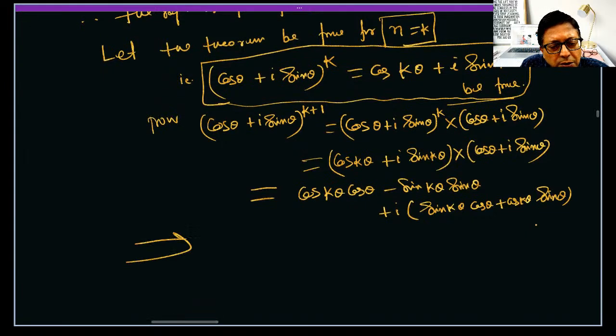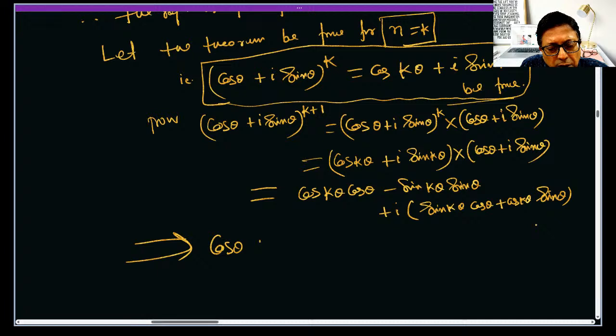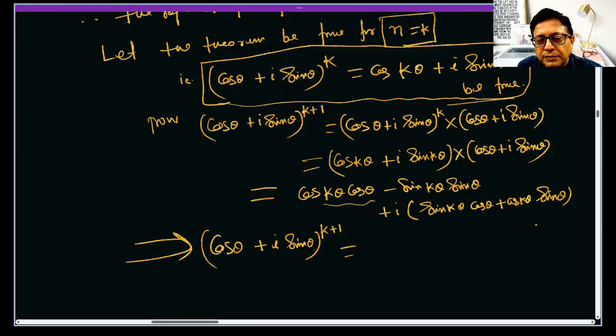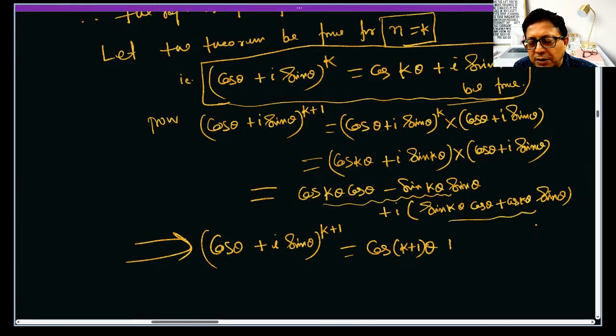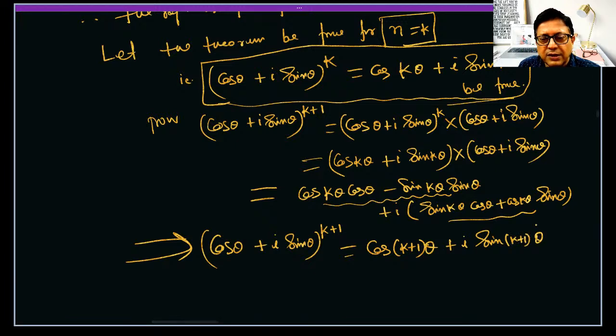So therefore cos theta plus i sin theta to the power k plus 1 is, this one is what? Cos k plus 1 theta, and this one i sin k plus 1 theta. Yes.